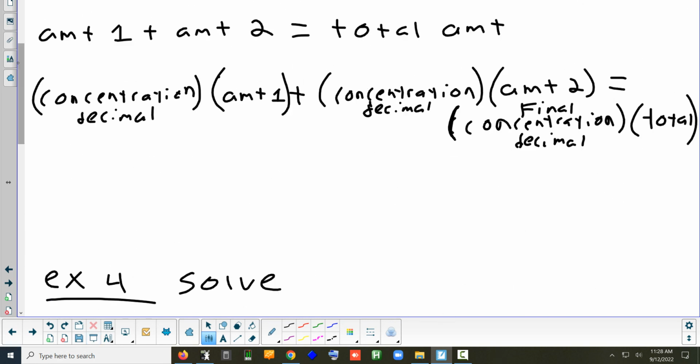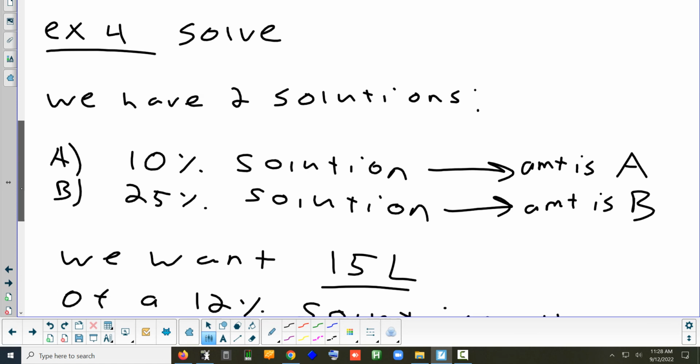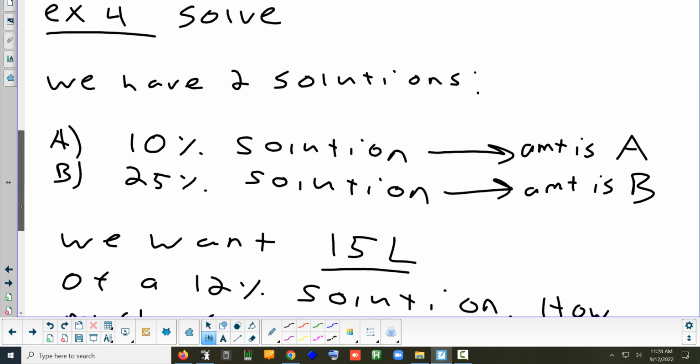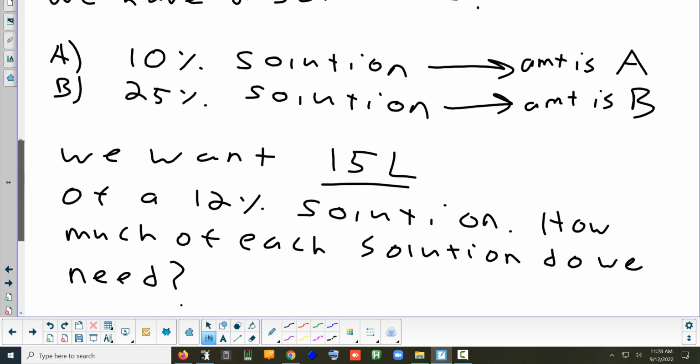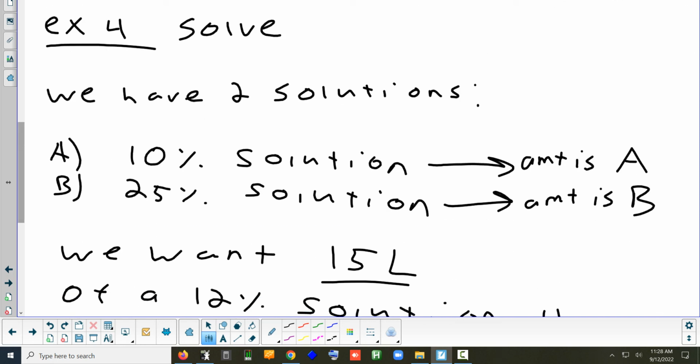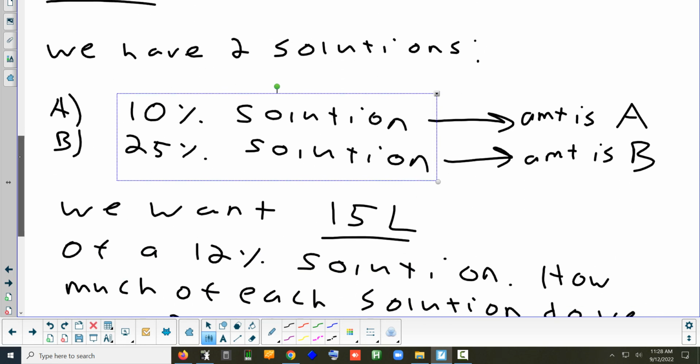What's the concentration of my first solution? 0.1. Times how much of that solution am I going to use?